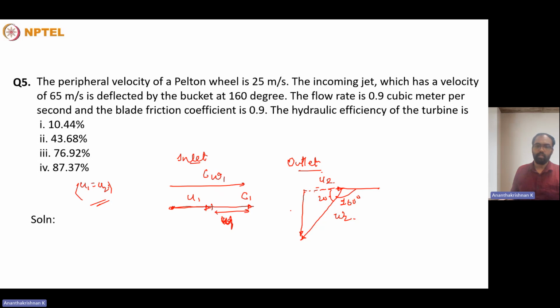The actual velocity at the inlet. Just C2 is U2, and this component of C2 is the flow component at the exit or the outlet, and this is the whirl component at the outlet.